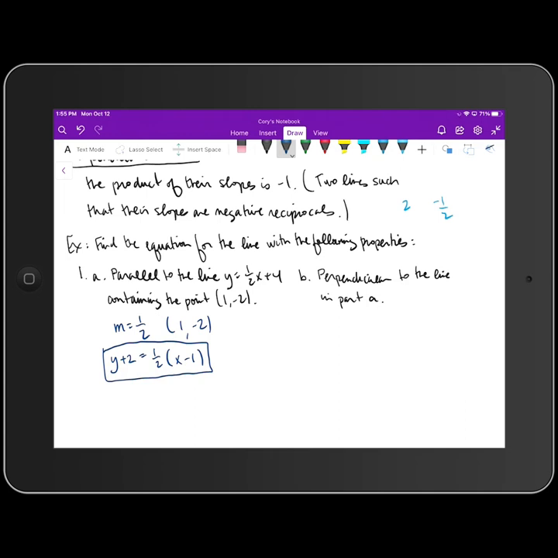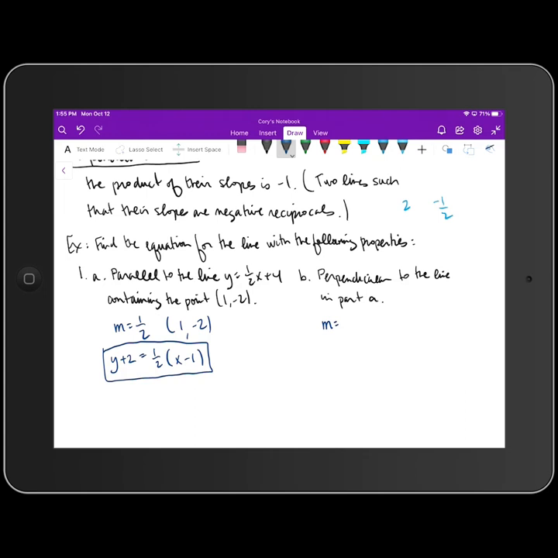Okay, part B asks us to find the line perpendicular to the line in part A. Okay, so if our line is going to be perpendicular to that line, our line has to have the slope that is the negative reciprocal of 1/2.